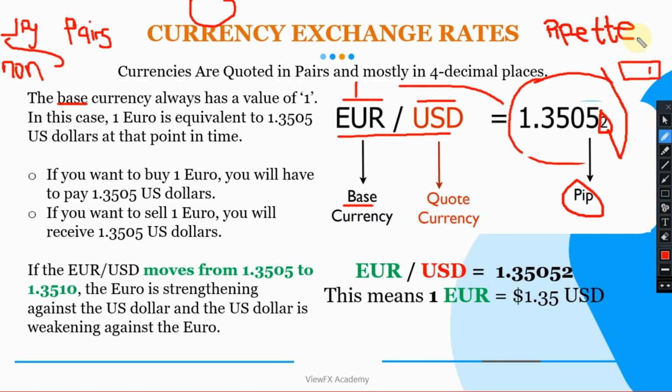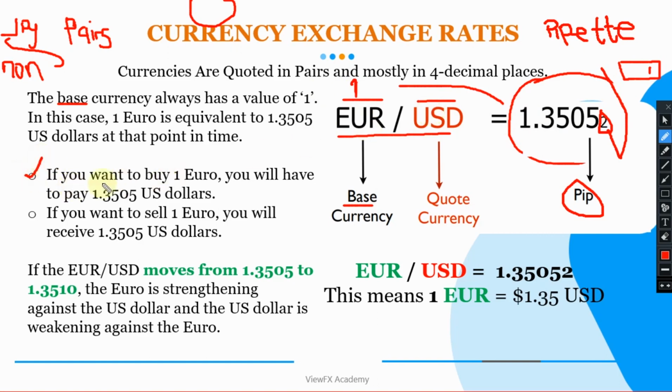We shall see more of that as we progress. So this Euro USD, then this value attached to it means 1 euro is equivalent to this USD. That is how it is everywhere.